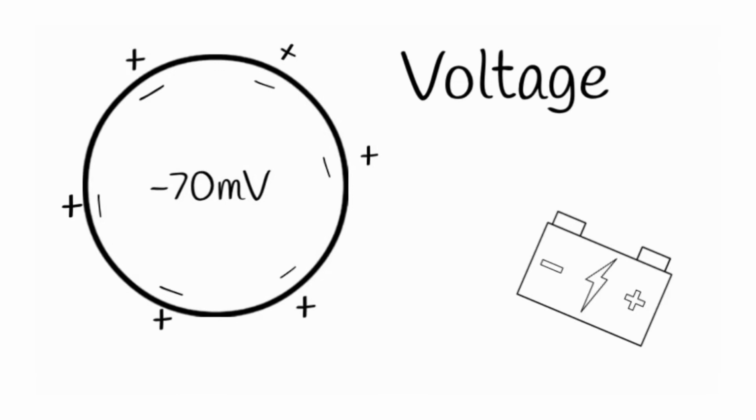More negative inside body cells, more positive outside. And when I say more positive outside, I'm really referring to just immediately on the outside of that plasma membrane. And this difference in charge between the outside of the cell and the inside of the cell is known as a voltage.